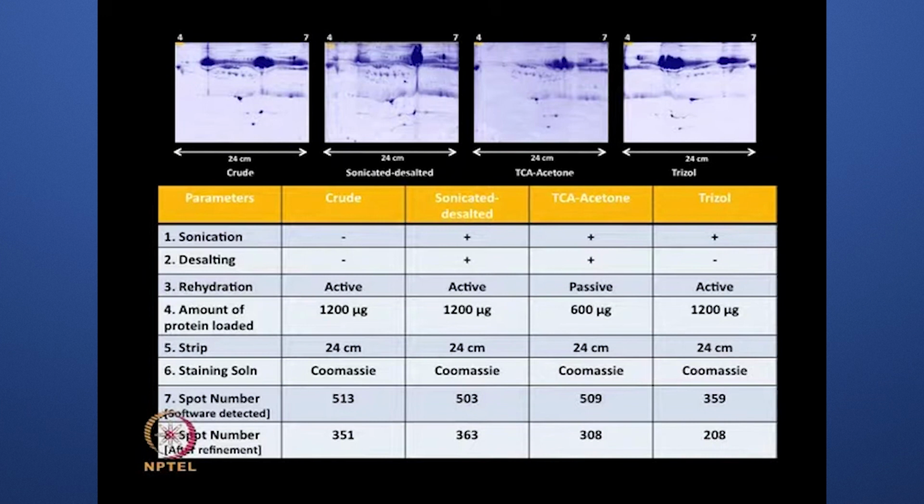from different types of treatments: crude serum, sonicated and desalted, TCA acetone precipitated, and trizol extraction methods. So, we looked at the effect of sonication, desalting, rehydration, amount of protein loading, type of strip, staining solution, how many spots we can resolve on these gels, and then since automated software analysis gives a lot of artifacts, how many real spots we can obtain after the manual refinement.